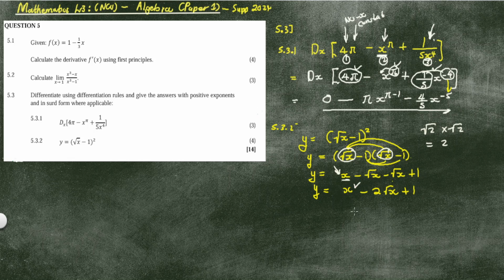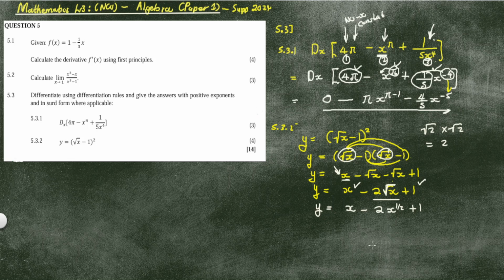Term number 1 can be differentiated. Term number 2 cannot. The last term can be differentiated, but the middle term cannot because of the square root. So we need to simplify the square root first before we can differentiate: x minus 2x raised to exponent half plus 1.